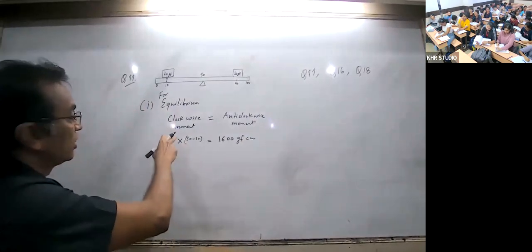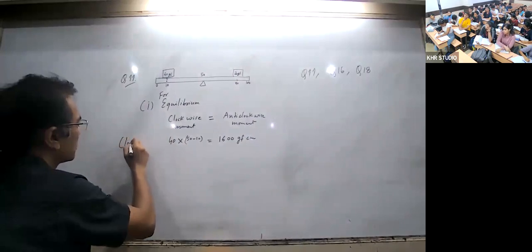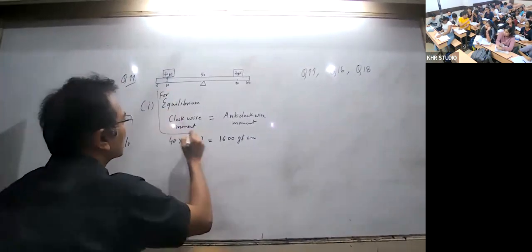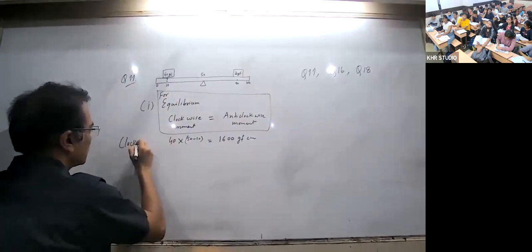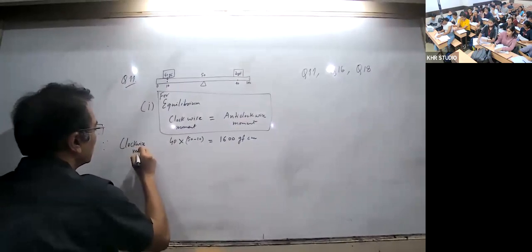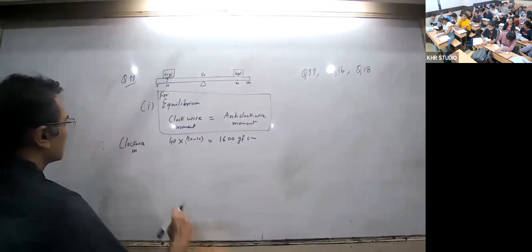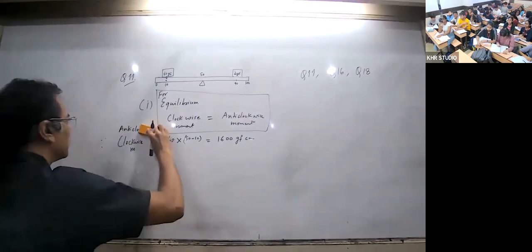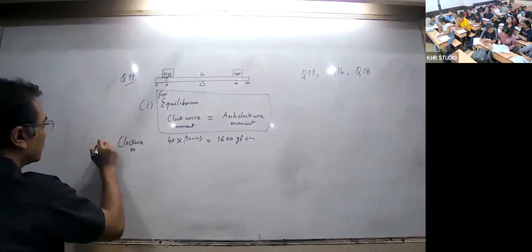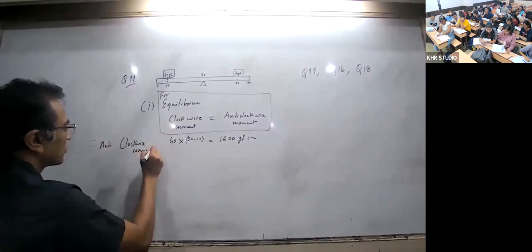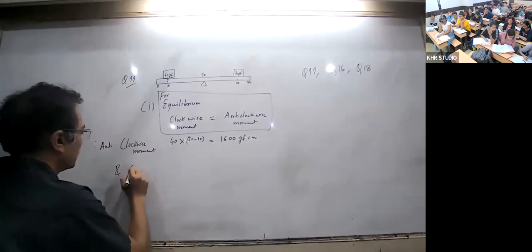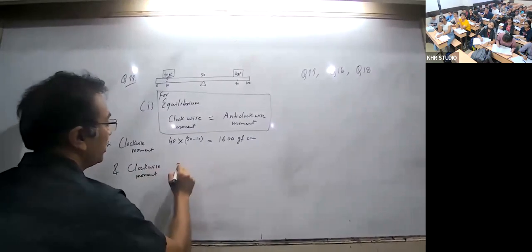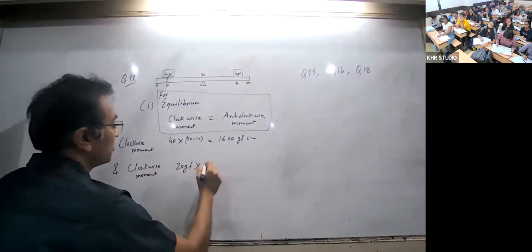Sorry, this is anti-clockwise, since it is the 40 gram force at mark 10. And the clockwise moment is how much? 20 GF into 90 minus 50.